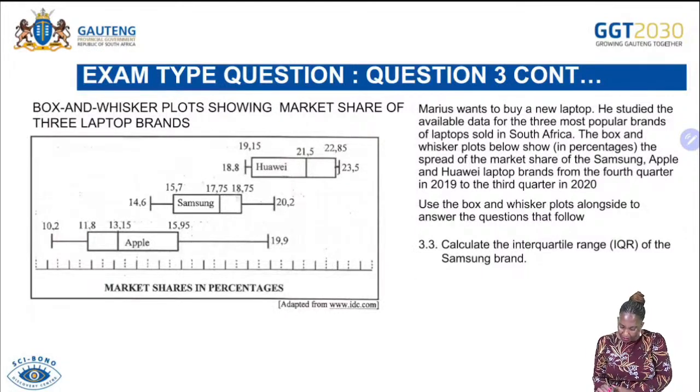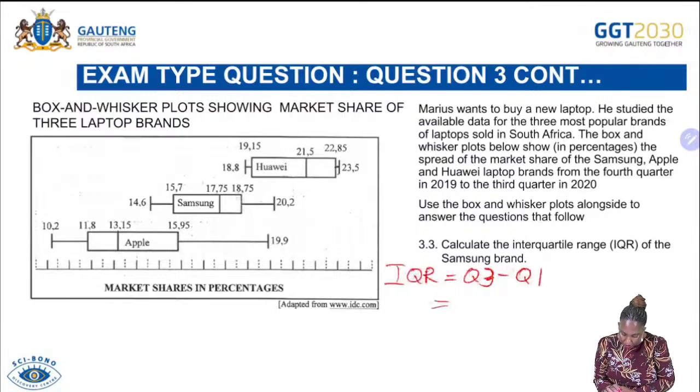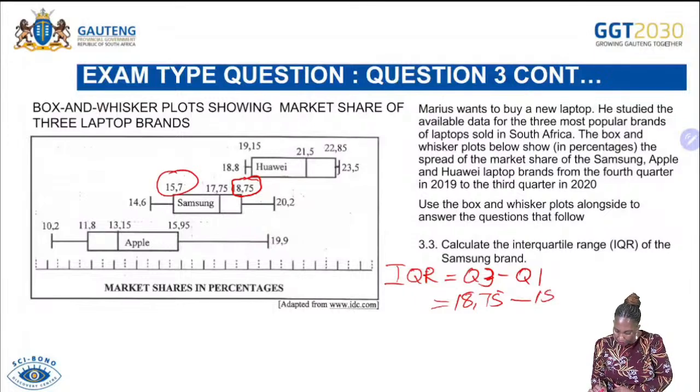And then now number 3, it says calculate the interquartile range of the Samsung brand. So the interquartile range, the IQR will be Q3 minus Q1. Now looking at this one now, where is my Q3 for the Samsung? Because they are referring to Samsung. 18.75 is my Q3, minus my Q1 being 15.7.